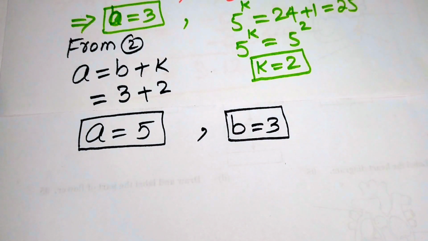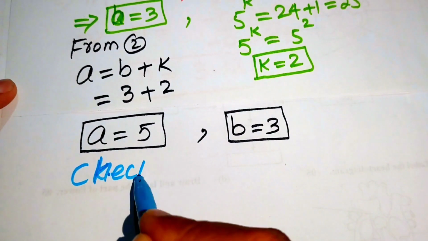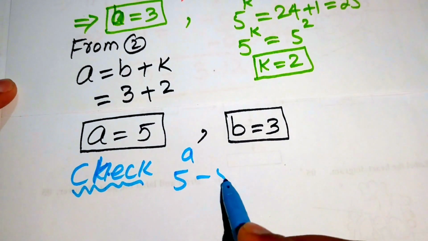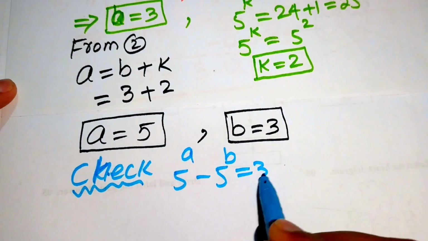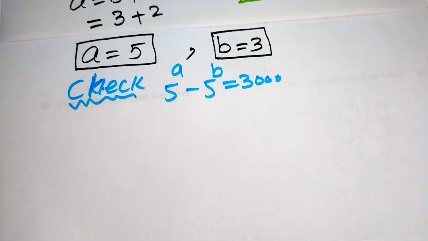So we check it here, and first we write the given statement. It is 5 to the power of a minus 5 to the power of b equals 3000, and now we put the values of a and b.